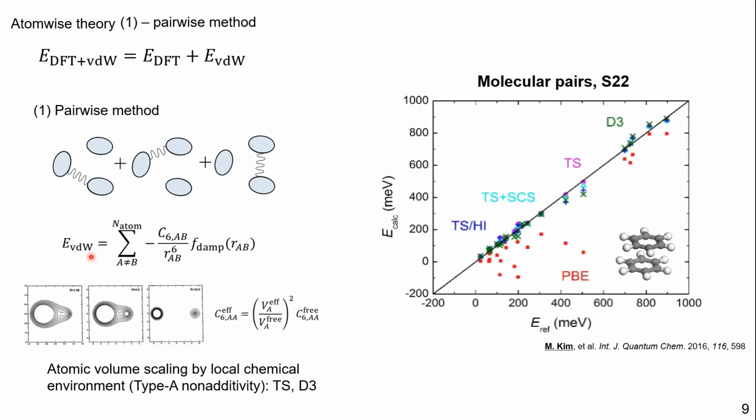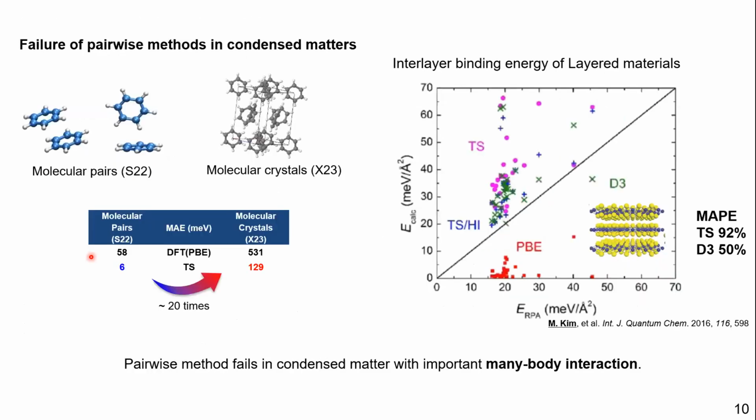So this type of scaling of the C6 dispersion coefficient reflects a little amount of chemical environment. We can call it a type of non-additivity, which is not a simple pairwise sum, but it reflects a little amount of the chemical environment based on the atomic volume scaling.